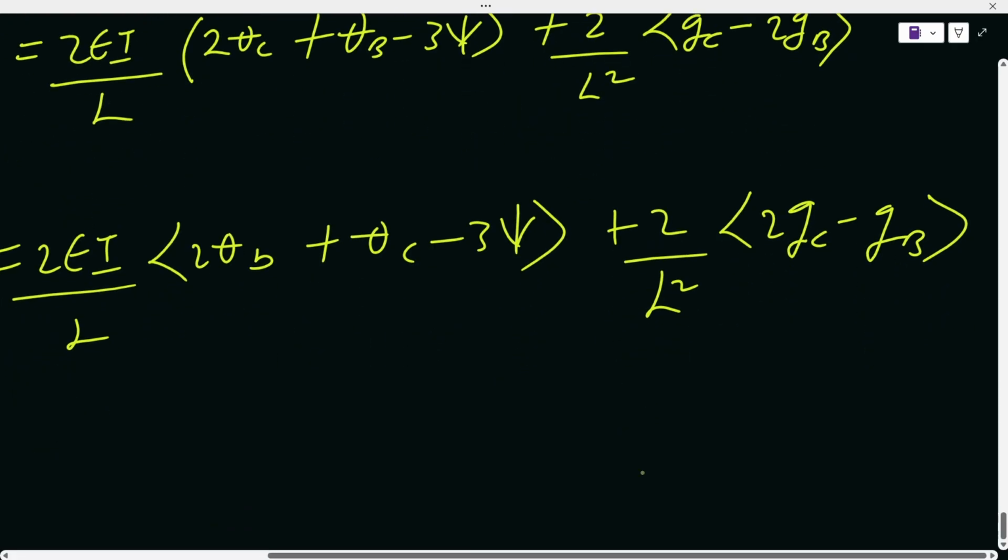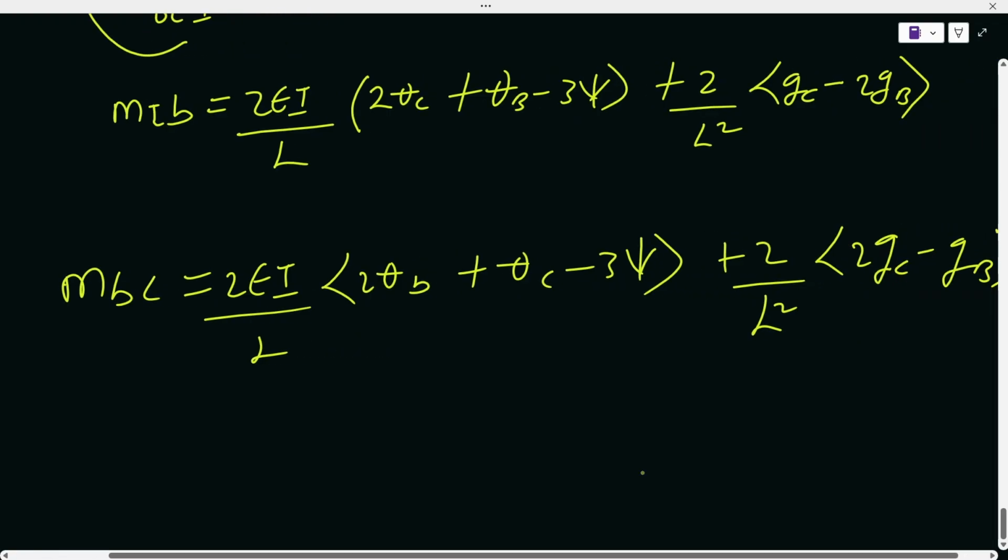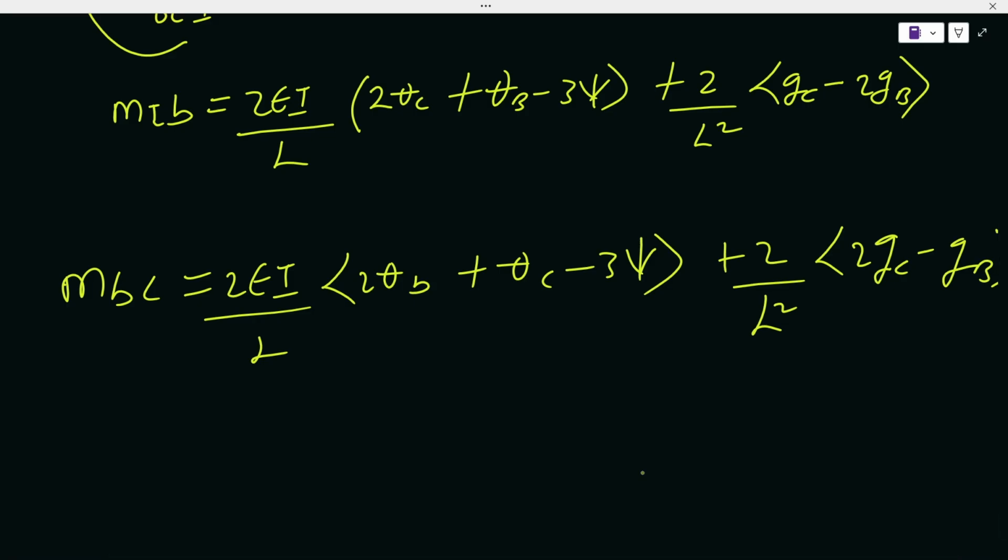Now, there's something called the fixed end moment. Of course, when we're talking about a fixed end, the slope is 0 and the displacement is 0.